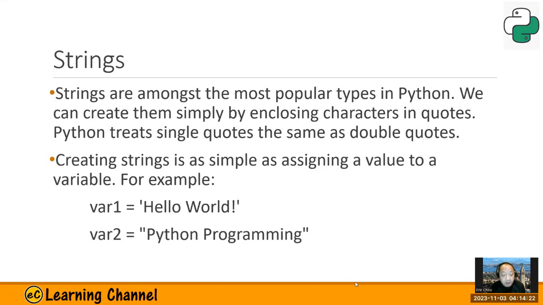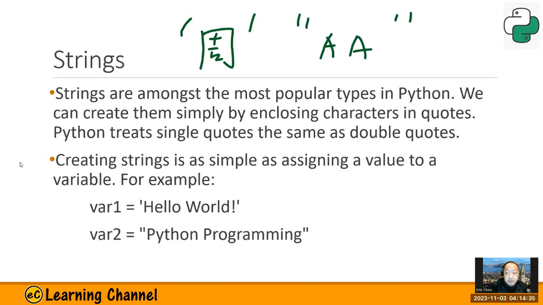So a string in Python would have single quotes, such as my Chinese last name, double quotes, AA, that's also a string. Triple quotes, that's also a string. So you can put triple quotes, A, B, C, D, E, F, G.